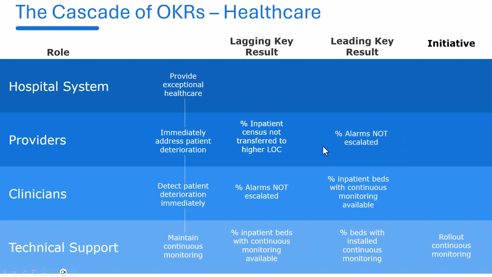So this way, the number of alarms that aren't escalated, in other words, only the key ones get escalated, allow them more capacity and therefore can deal with things sooner and will reduce the things that go to a higher level of care. And once again, that lagging key result becomes a leading key result for the overall hospital system, and their lagging measure might be something like readmissions.